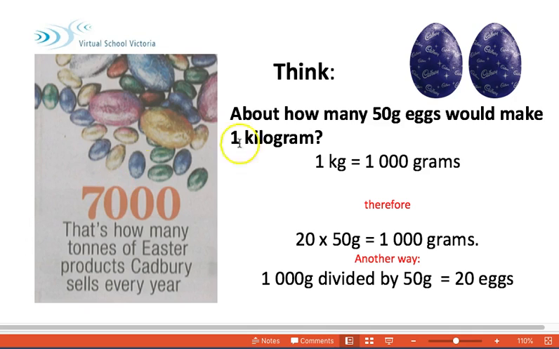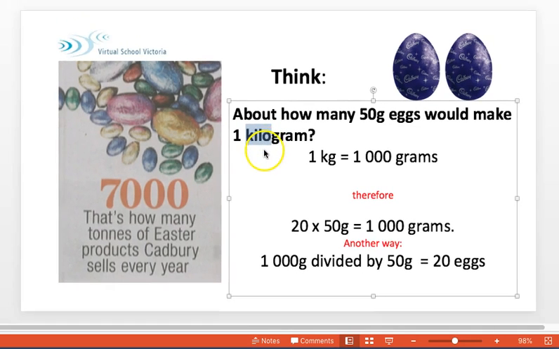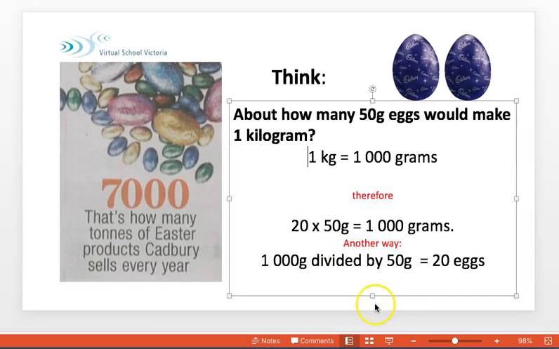How many 50-gram eggs would fit into a kilogram? 1 kilogram is 1,000 grams, because kilo is a Greek word for 1,000. Every time we see kilo, we multiply by 1,000. So a kilogram is 1,000. Anything with a kilo in front of it is 1,000.